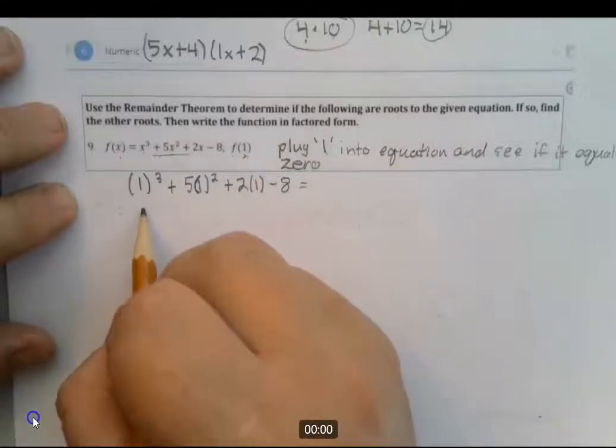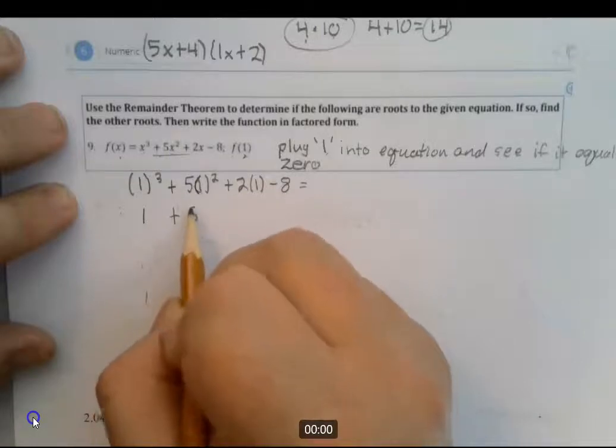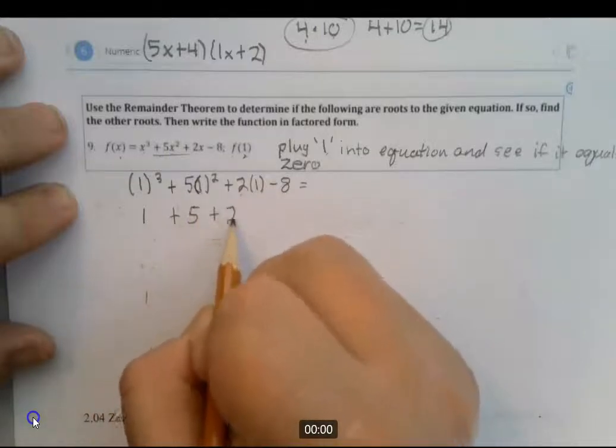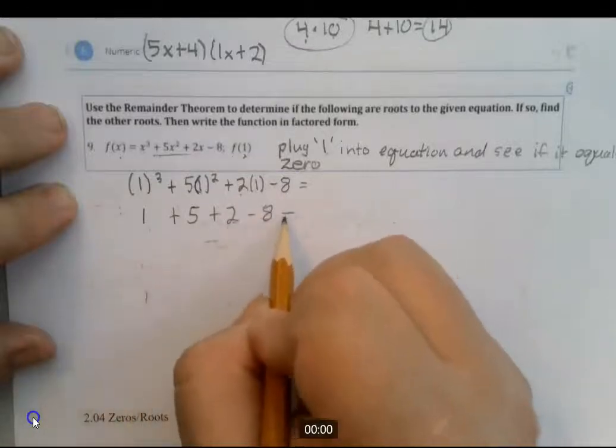So 1 cubed is 1, 1 squared is 1 times 5 is 5, 2 times 1 is 2, minus 8. 5 plus 1 is 6, plus 2 is 8, minus 8 equals 0.